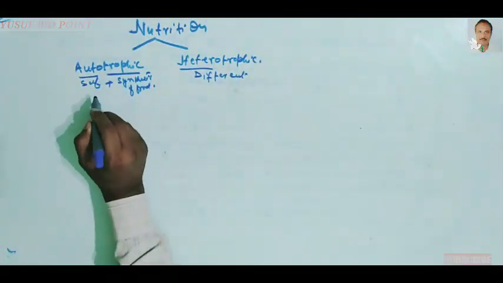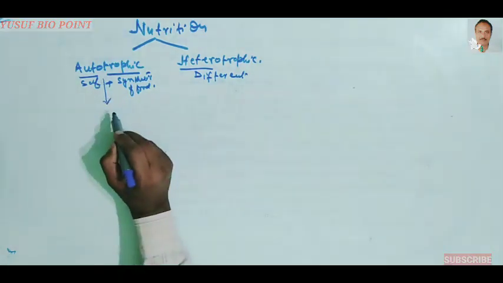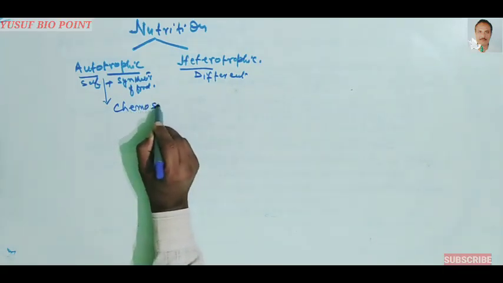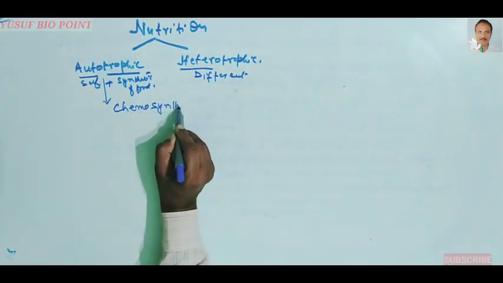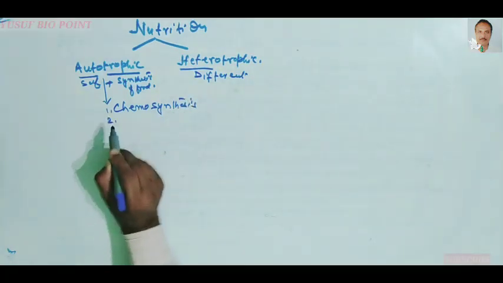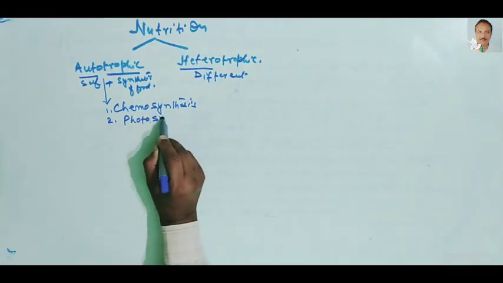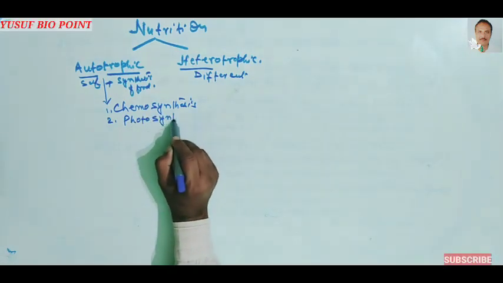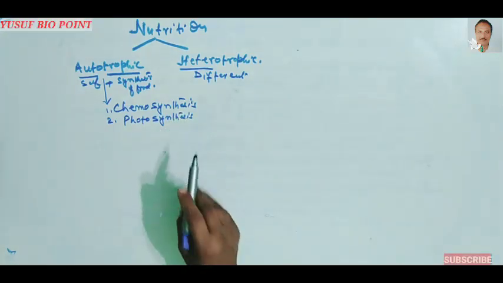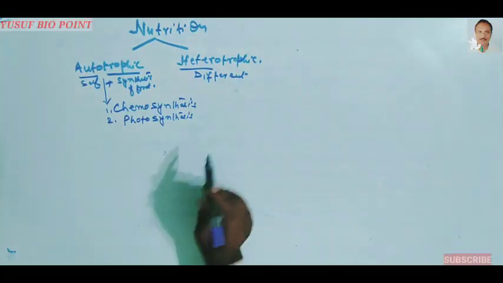Now we shall start with autotrophic. It is of two types. One is chemosynthesis, and the next one is photosynthesis.